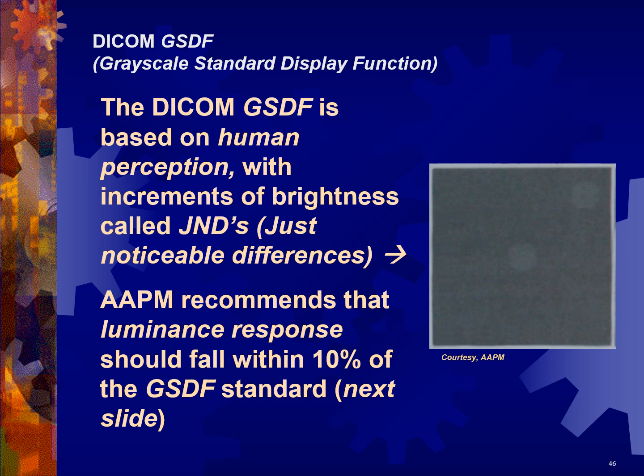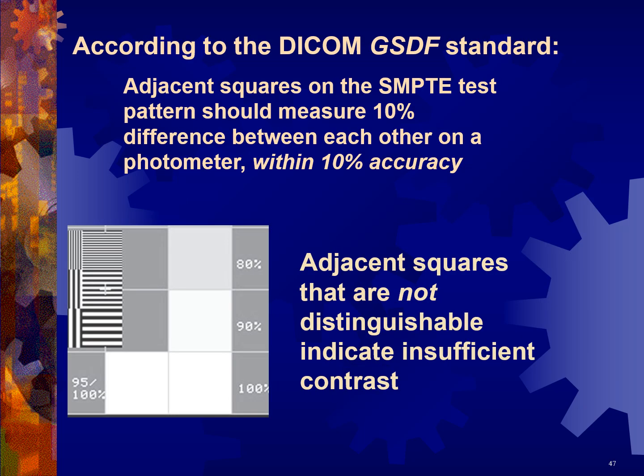So luminance response should fall within 10% of the GSD grayscale standard display function standard. Okay, so just noticeable differences. Okay, adjacent squares on the SMPTE test pattern should measure 10% difference with each other on the photometer within 10% accuracy.